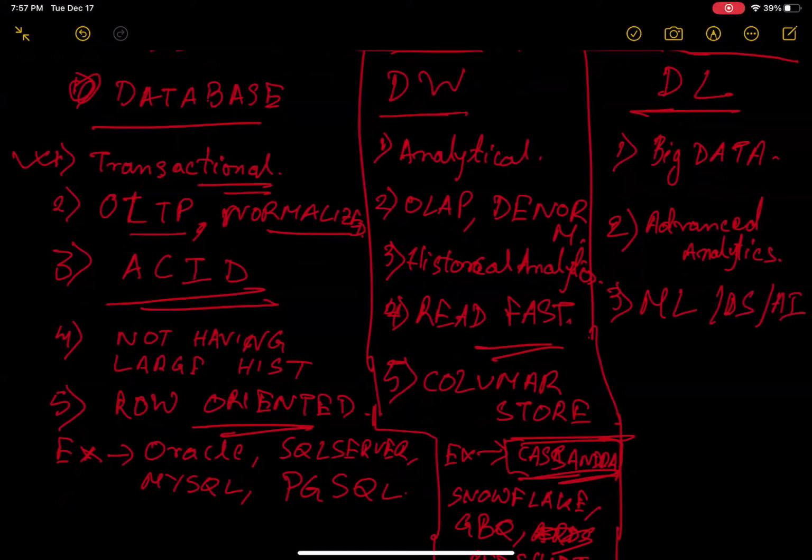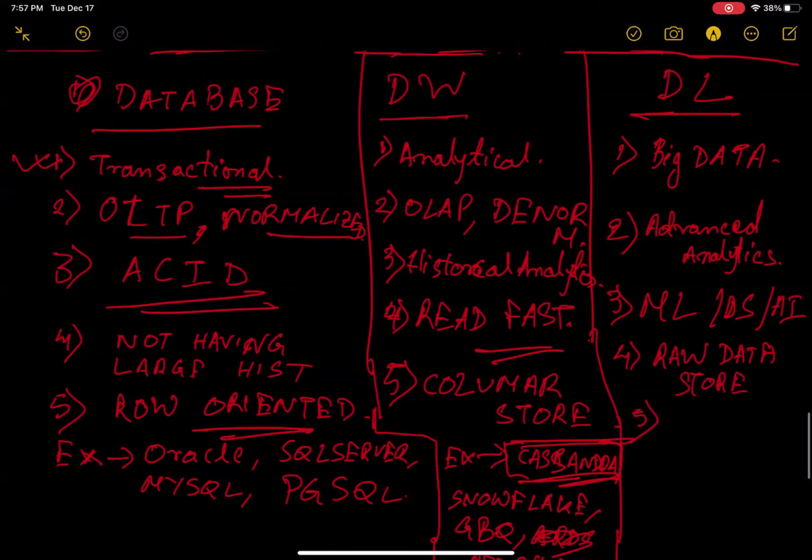What happens in a data lake? It is basically a raw data store. It can have multiple formats of data.